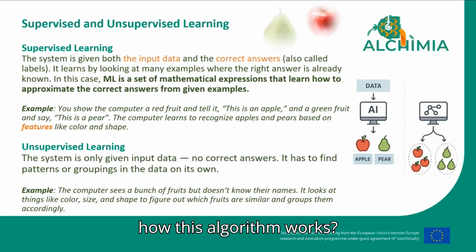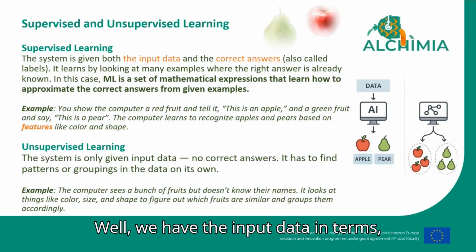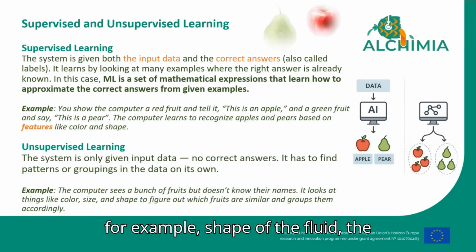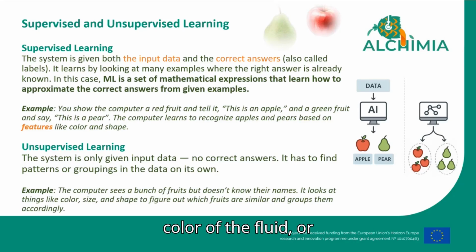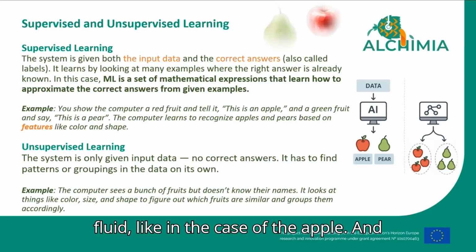How does this algorithm work? Well, we have the input data in terms, for example, of the shape of the fruit, the color of the fruit, or a specific characteristic like the leaf of the fruit, as in the case of the apple.